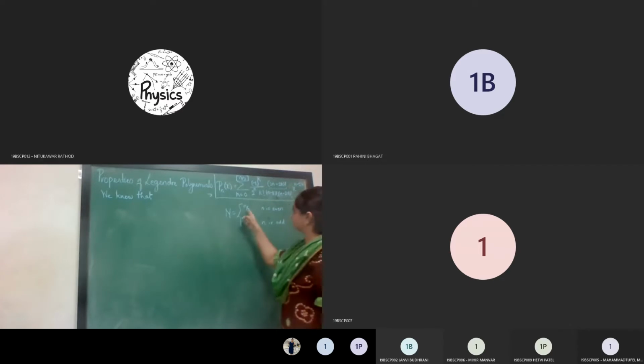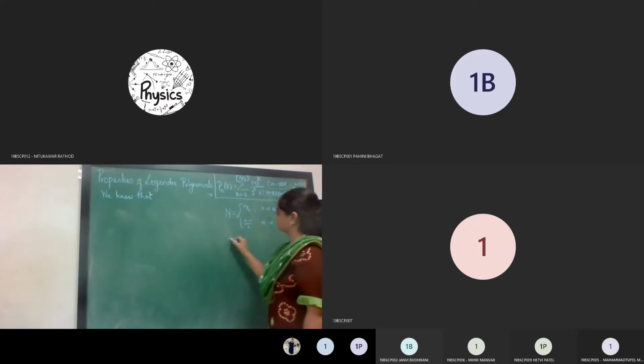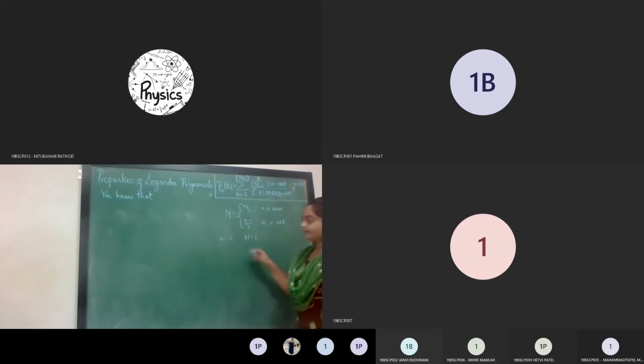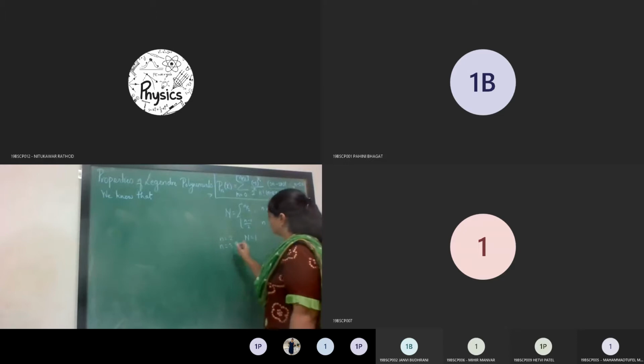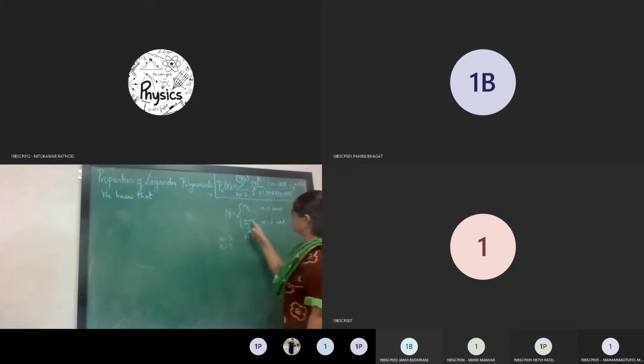Suppose n is equal to 2. That means it is an even number, so here capital N will be nothing but 1. And if I consider n is equal to 3, this is an odd number, so it is 3 minus 1, 2, divided by 2, so again you will get N equal to 1.